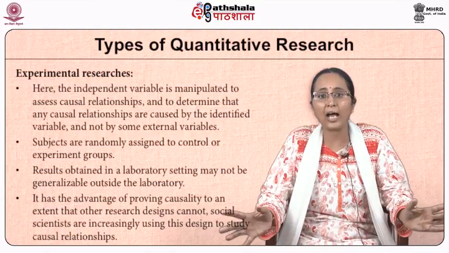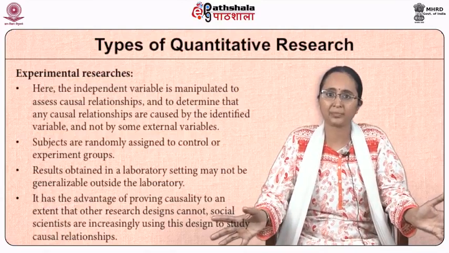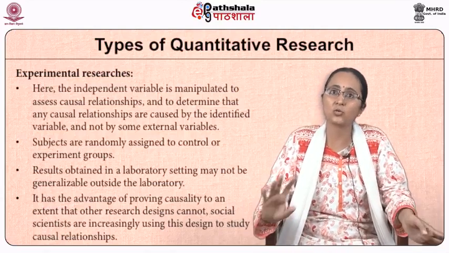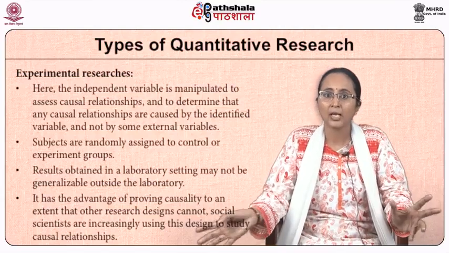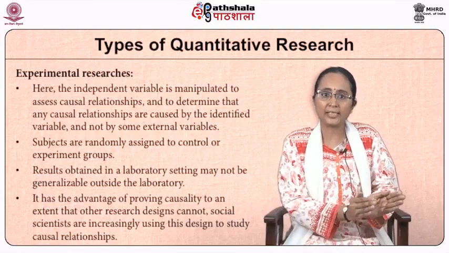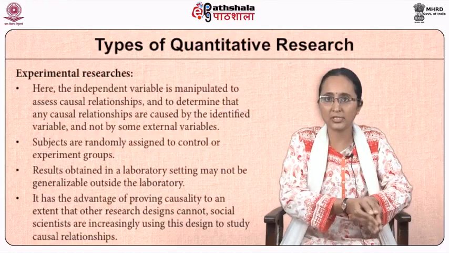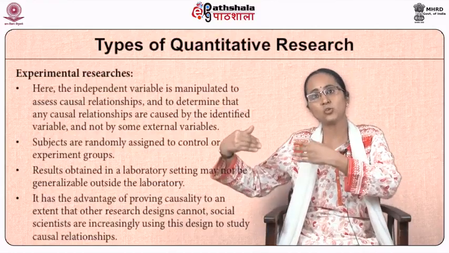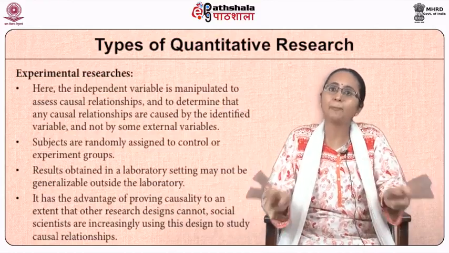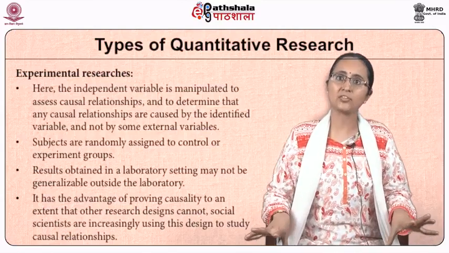Identified subjects are all identical, and then they are randomly assigned to a control and an experimental group. The control group will not get the treatment or the intervention that you are planning, while the experimental group will get that. And then you compare the end results from both.